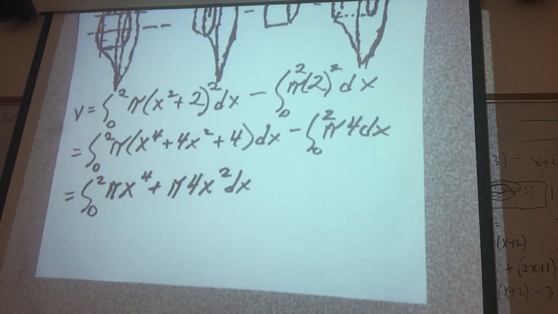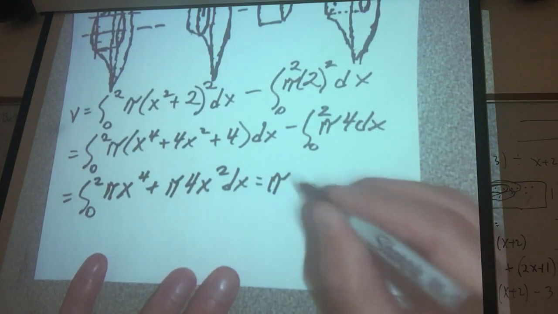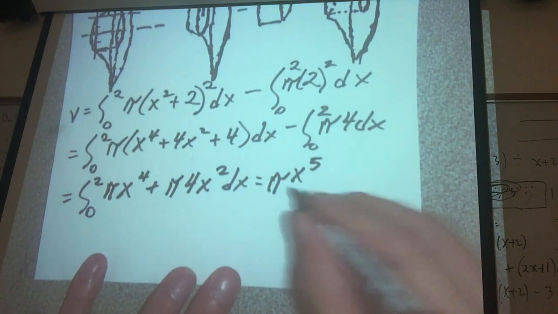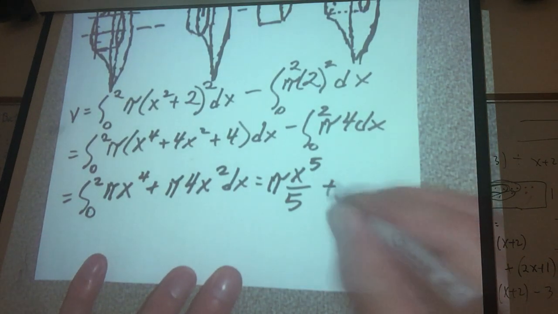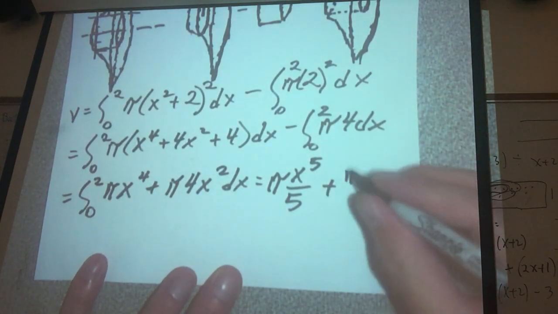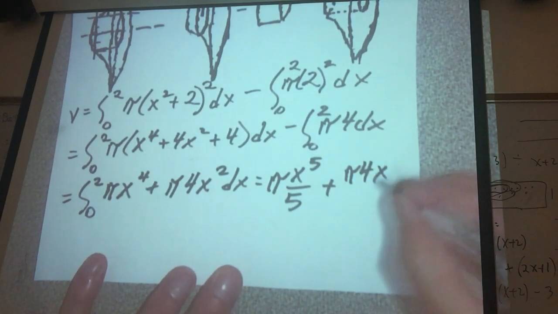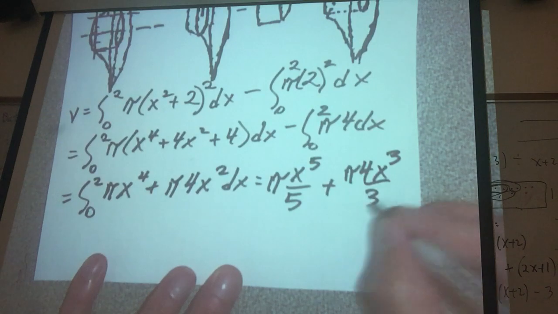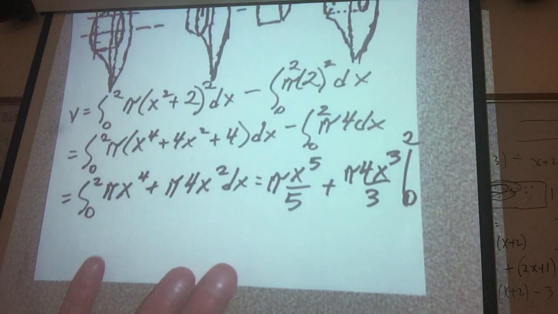Okay? All right, so this is going to become pi times x to the 5th divided by 5, plus pi times 4x cubed divided by 3, all of this evaluated at 0 and at 2.